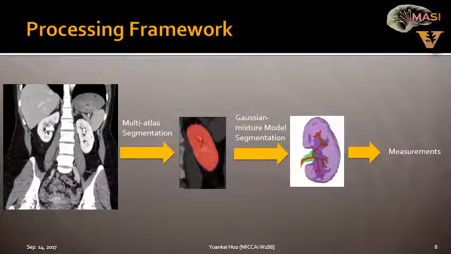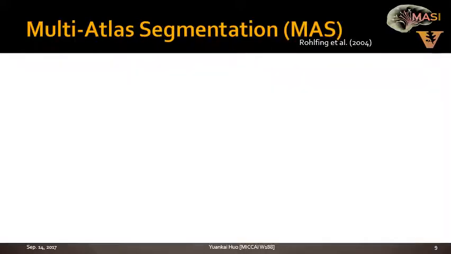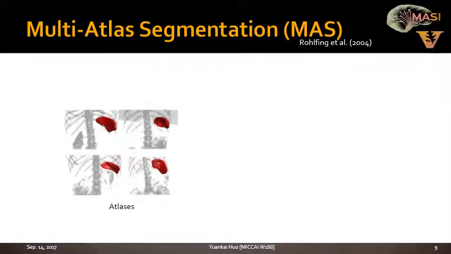Finally, we get the measurements from the 3D renderings, and we not only provide the visualization, but also provide the measurements. First, the multi-atlas segmentation to get the whole kidney. The multi-atlas based method typically uses multiple atlases.